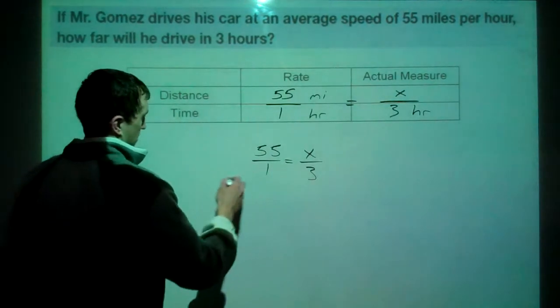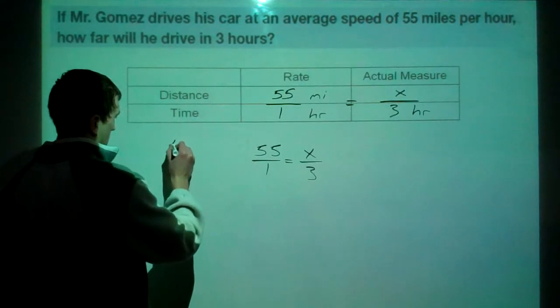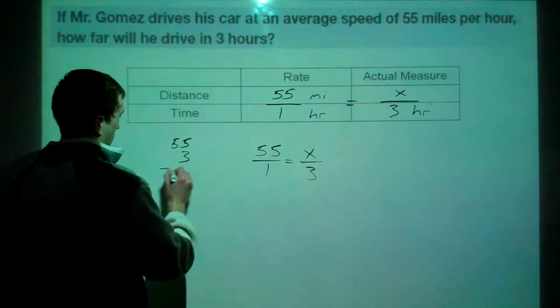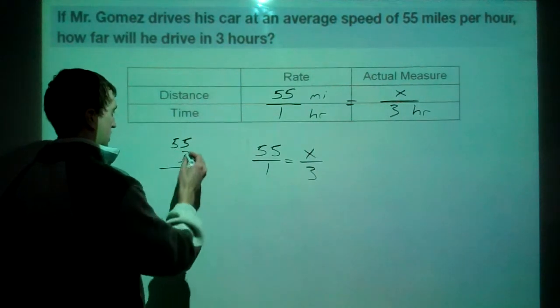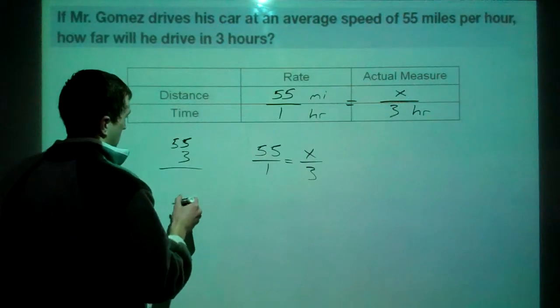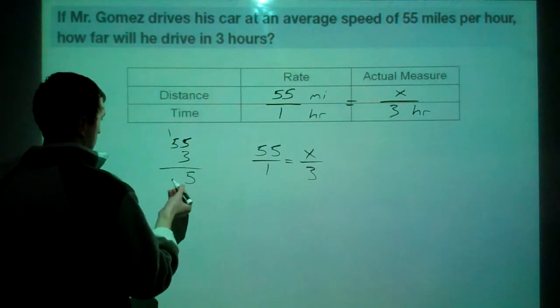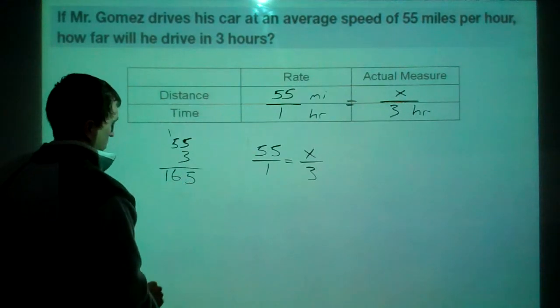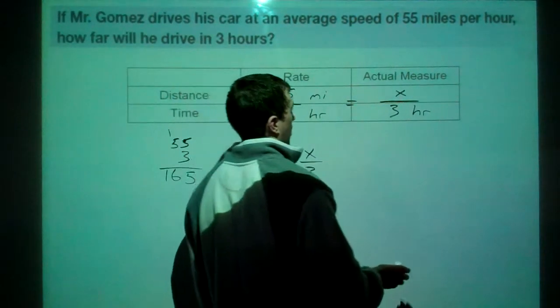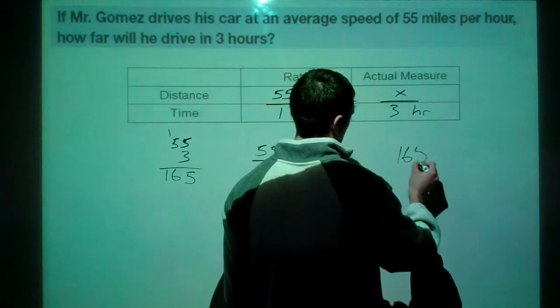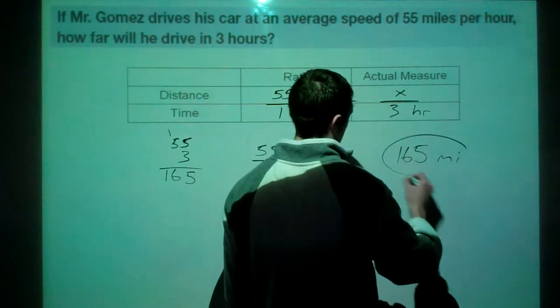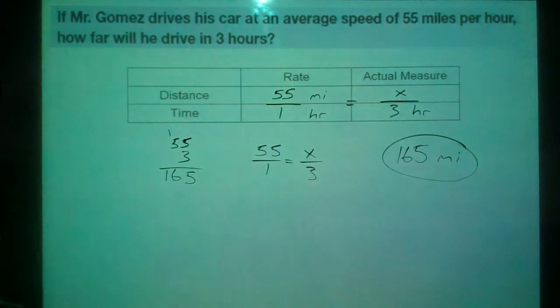So we can do 3 times 55 and divide by 1, but we don't need to divide by 1 because that just gives us the same answer. So 3 times 5 is 15, carry the 1, 3 times 5 is 15, plus 1, 16. So 165 miles in 3 hours.